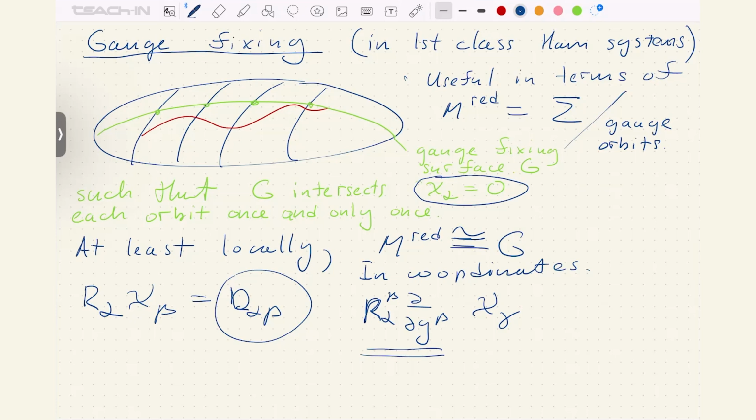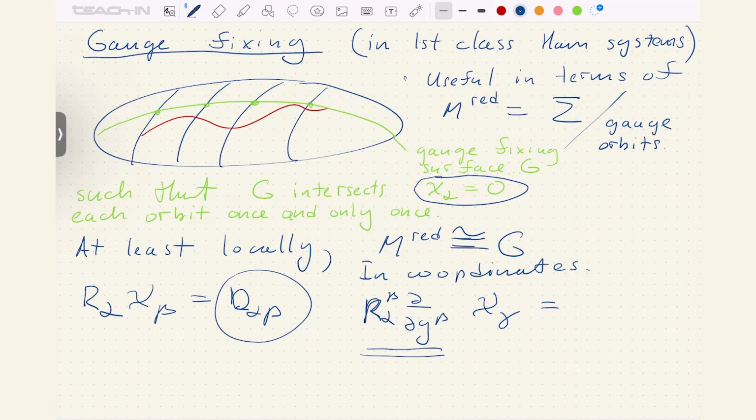So there are vector fields on a space with coordinates y, and we want that our functions chi gamma pick one point of this orbit. So what does it mean? That this thing should be invertible, right? For instance, to pick one point, you should take the y coordinates to particular values.